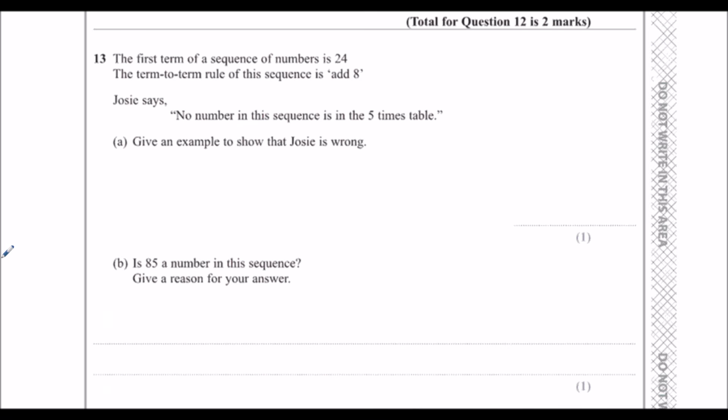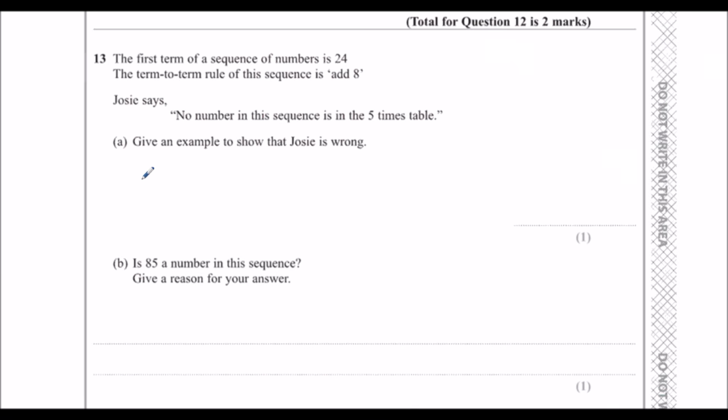Question 13. The first term of a sequence of numbers is 24. The term-to-term rule of this sequence is add 8. So add 8 to the previous term. Josie says no number in this sequence is in the 5 times table. Give an example to show that Josie is wrong.